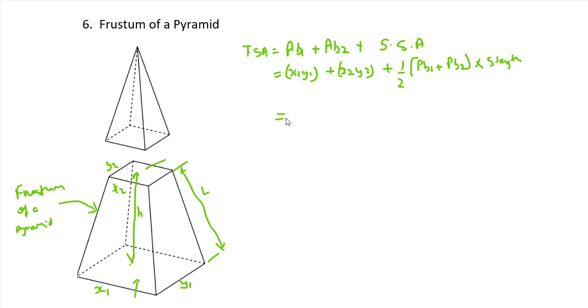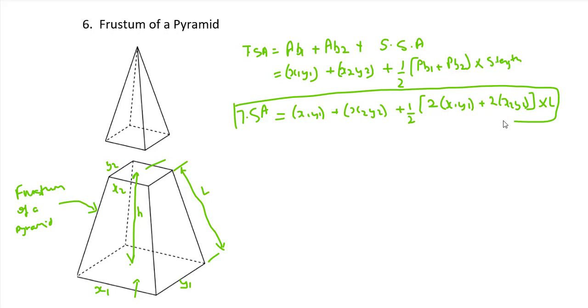So the area of base will remain the same, x1 y1 plus x2 y2 plus half perimeter of the base. Since we have a rectangle, the perimeter will be 2 times x1 y1 plus 2 times x2 y2 into the slant length, which is L in our case. So this will be the total surface area. Again, you don't have to remember this formula, just remember this concept.